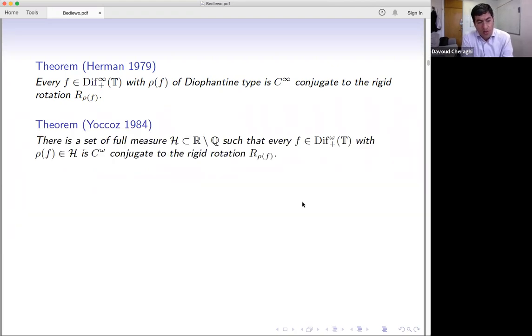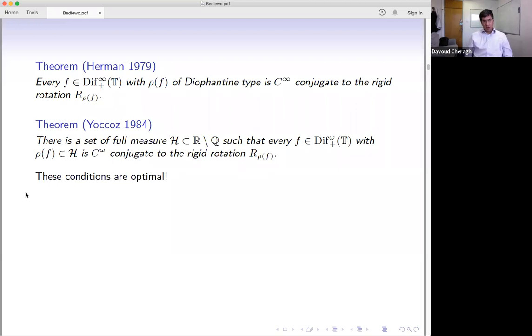It's by Yoccoz, which says that there exists a full measure set of rotation numbers H, such that every analytic diffeomorphism of the circle with rotation number in the class H is analytically conjugate to the rigid rotation with the same rotation number.